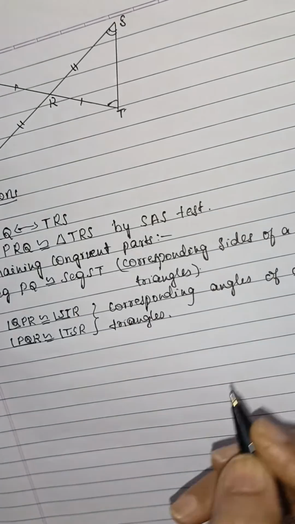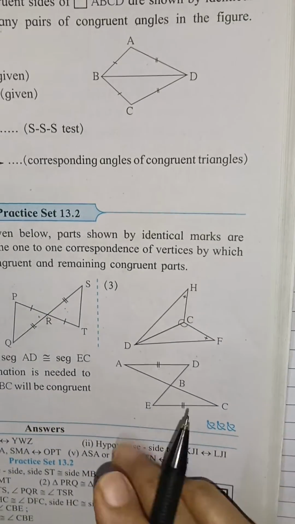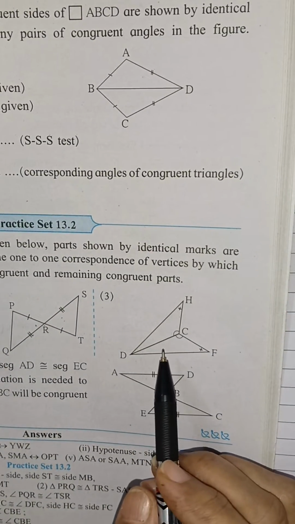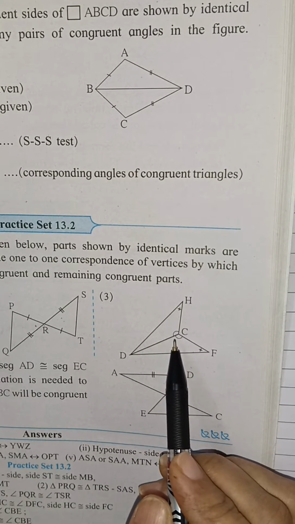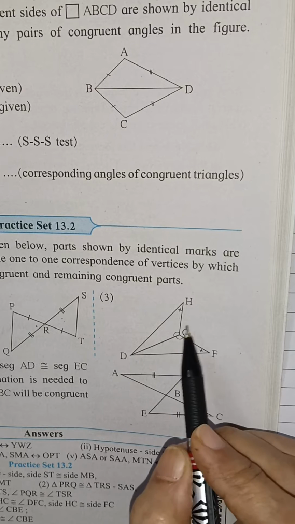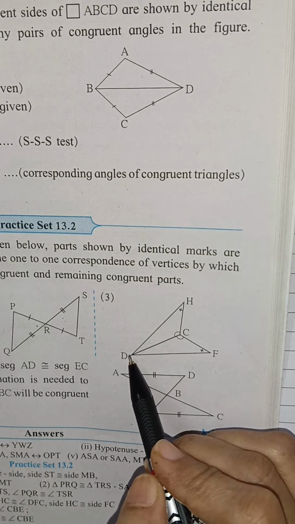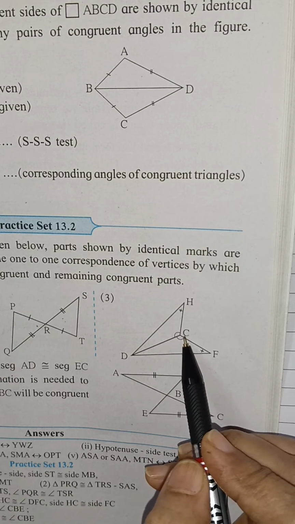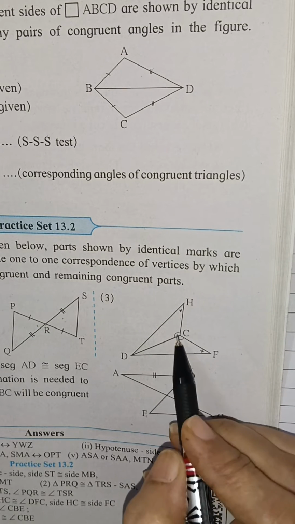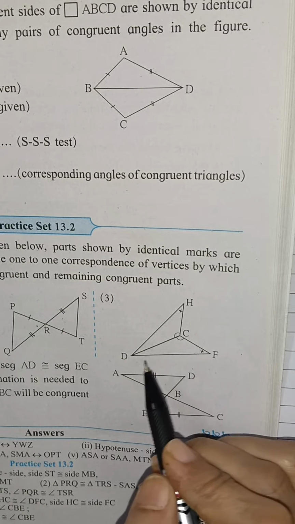Okay. Third one is, in this figure we can see a pair of triangles here, triangle DHC and triangle DFC.